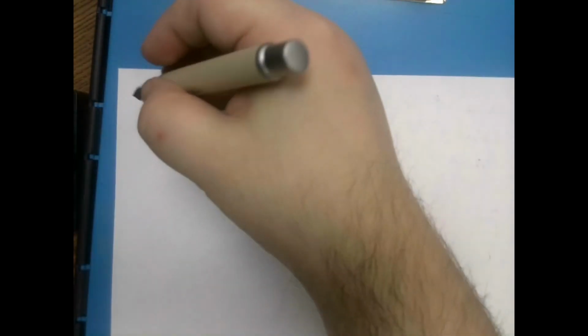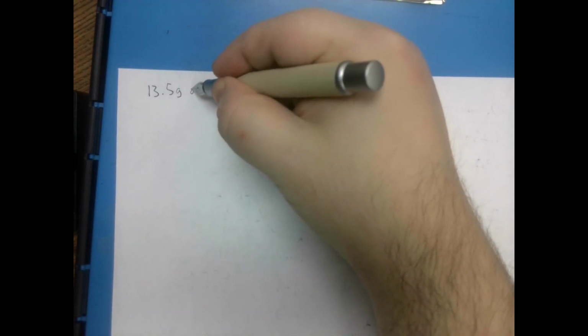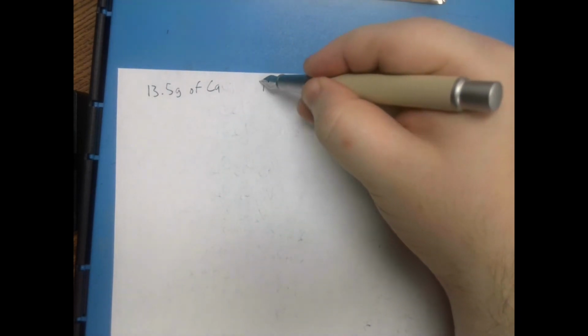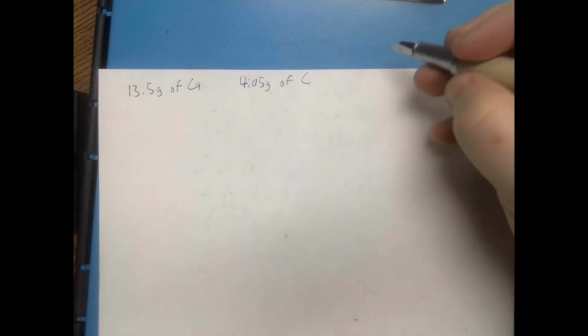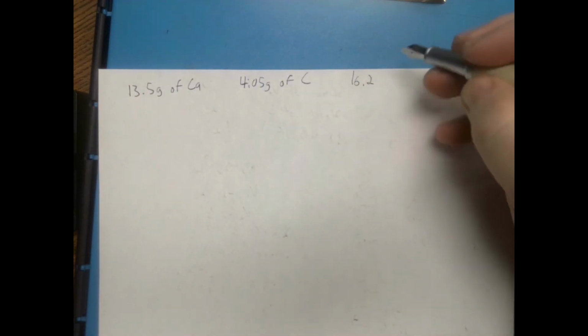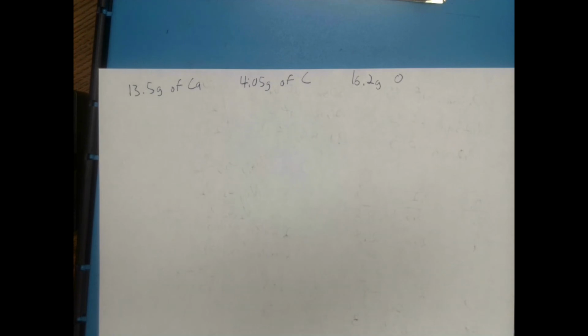So suppose I had 13.5 grams of calcium and 4.05 grams of carbon and 16.2 grams of oxygen. So we went to the lab, we had some chemical, and we're trying to figure out what it was.